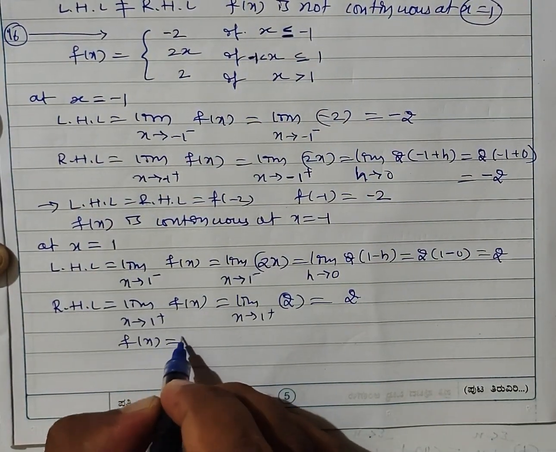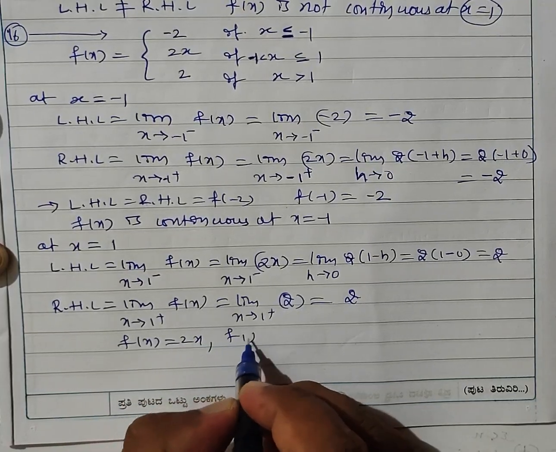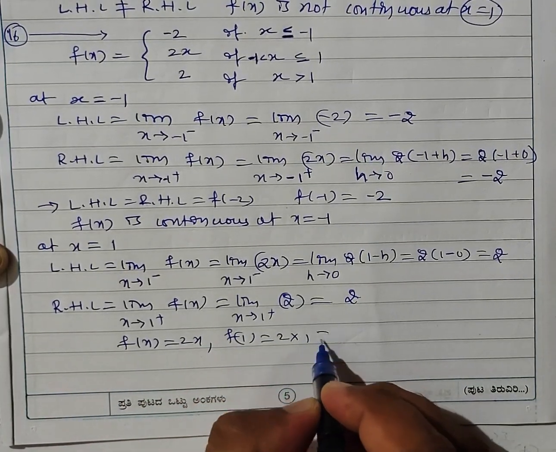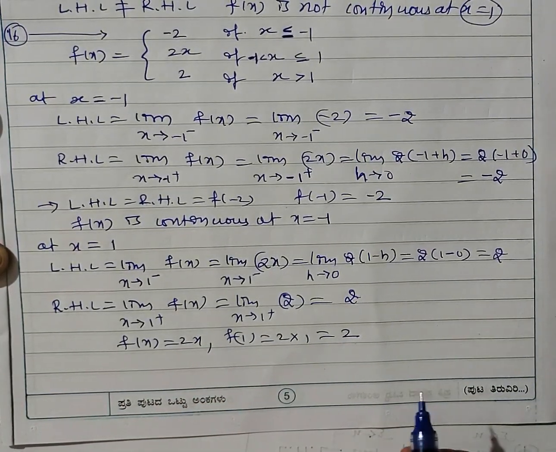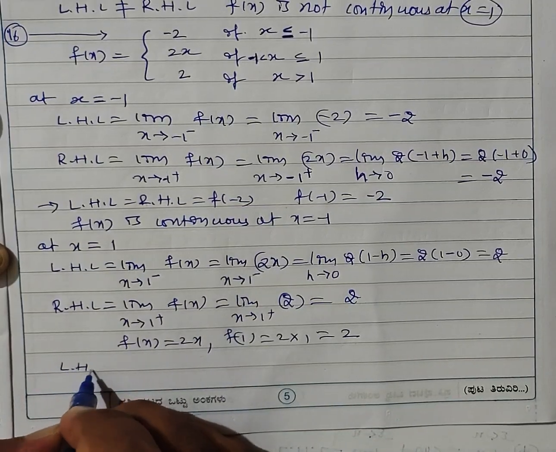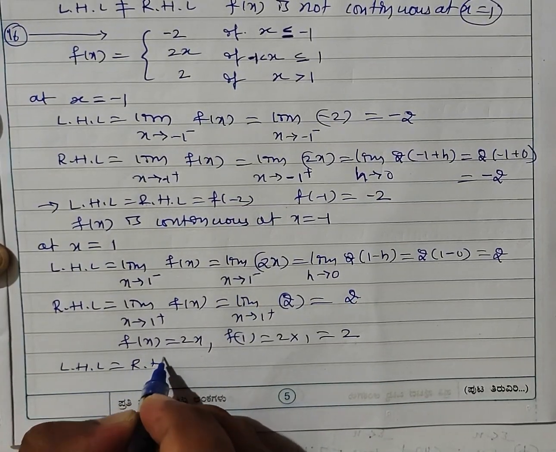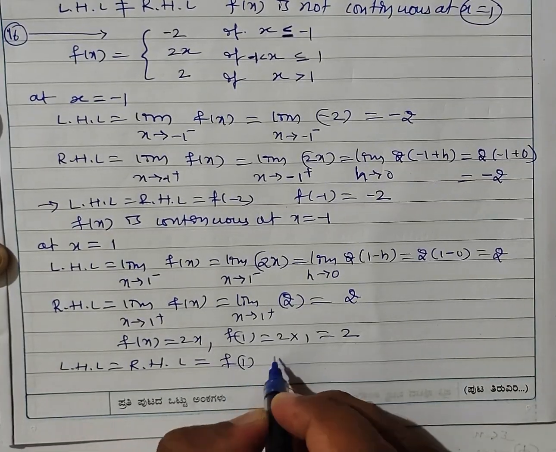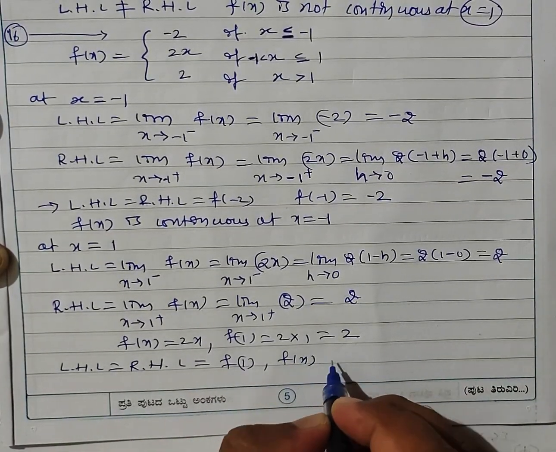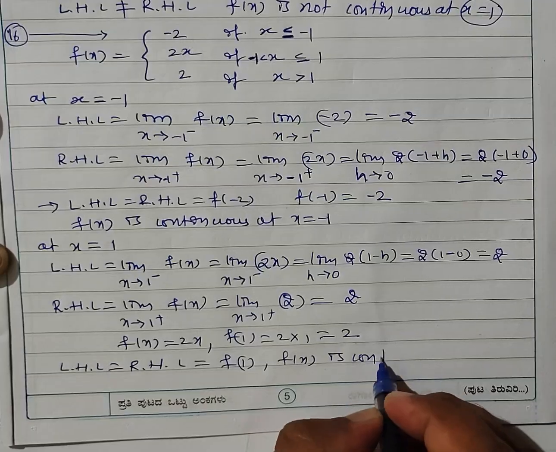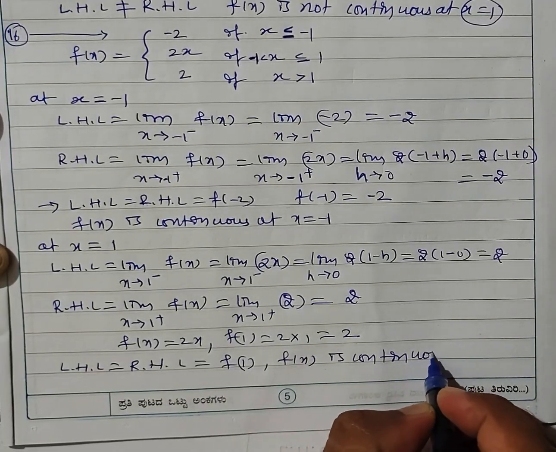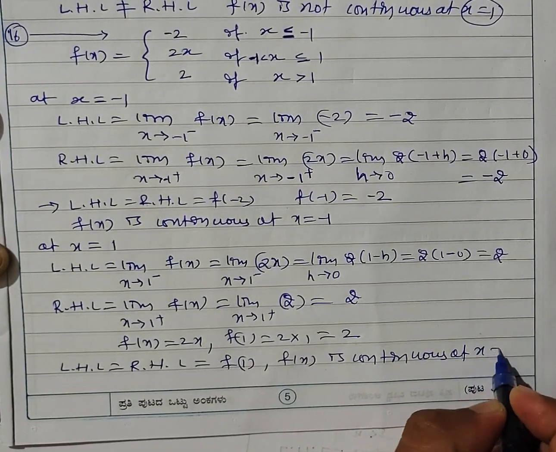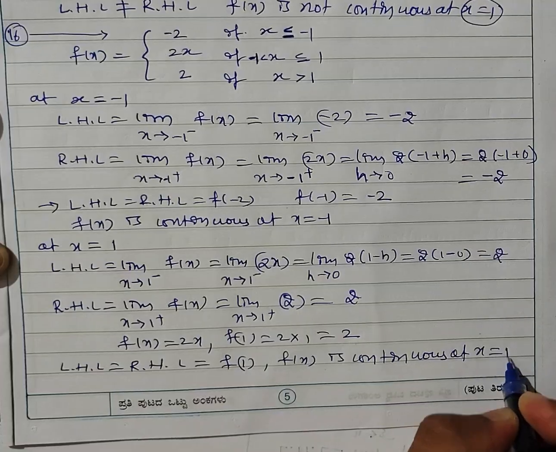F of x is equal to 2x, then f of 1 is equal to 2 into 1. It should be 2, right? So left hand limit is equal to right hand limit is equal to f of 1. Okay. F of x is continuous at x is equal to 1.